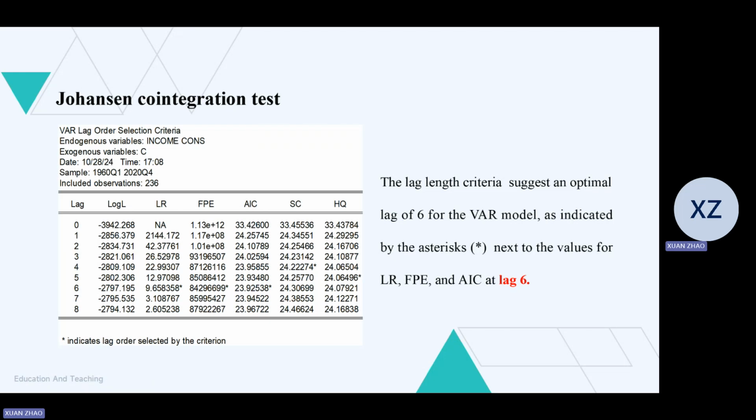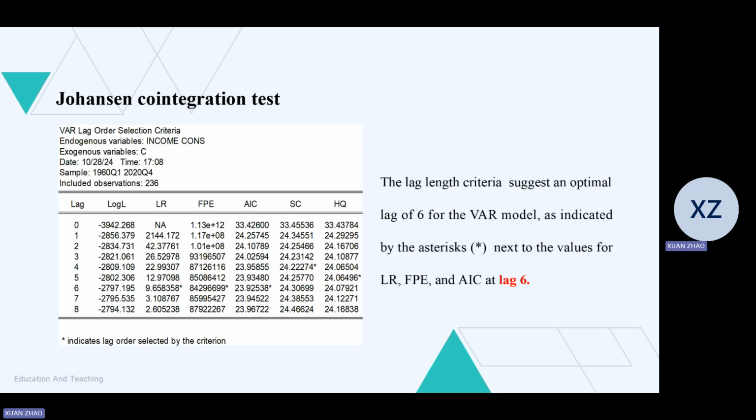As there is a co-integration relationship between consumption and income, the study then proceeds with the Johansen co-integration test.